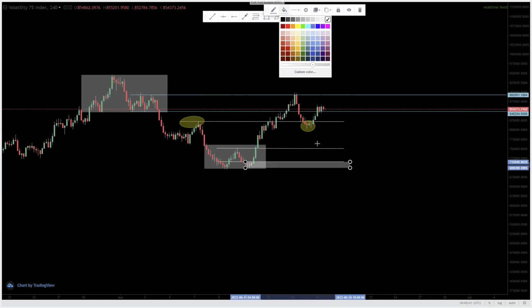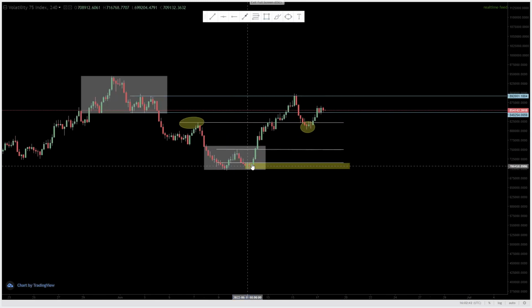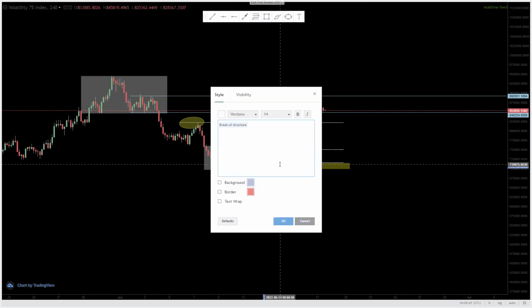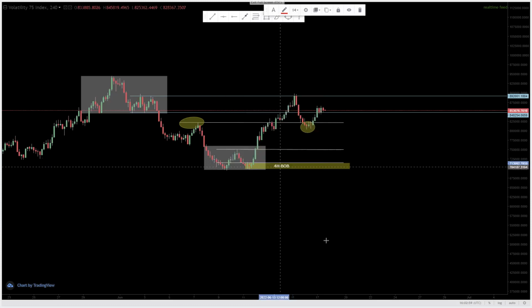I'll give it a yellow color. This one here is a bullish order block on a 4-hour time frame. So I am going to mark it 4H BOB, meaning bullish order block. BOB means bullish order block, and 4H means 4-hour time frame.